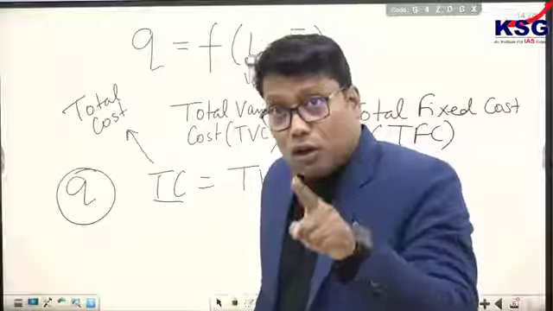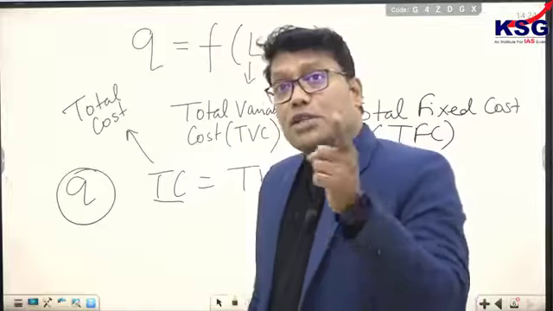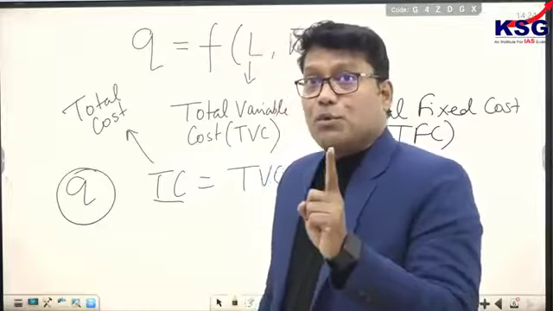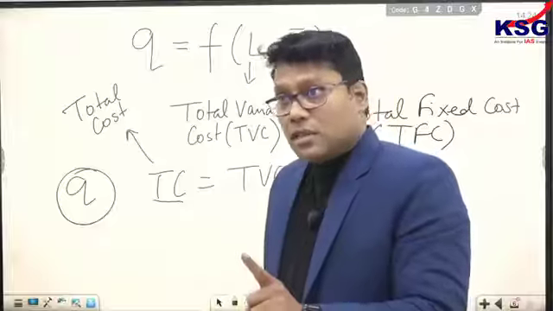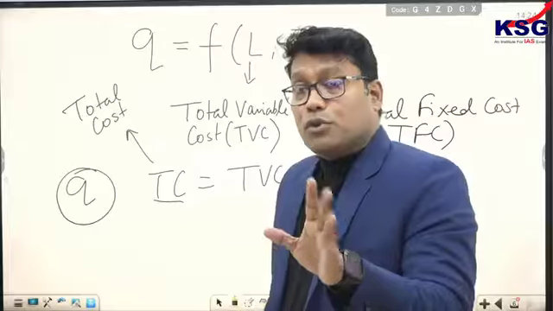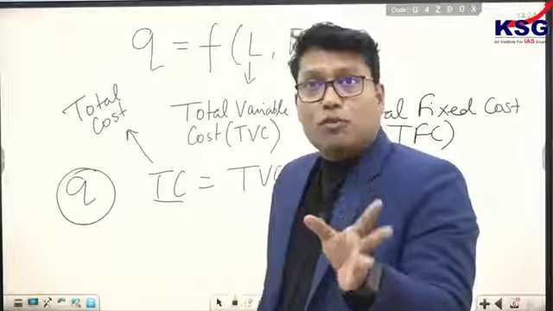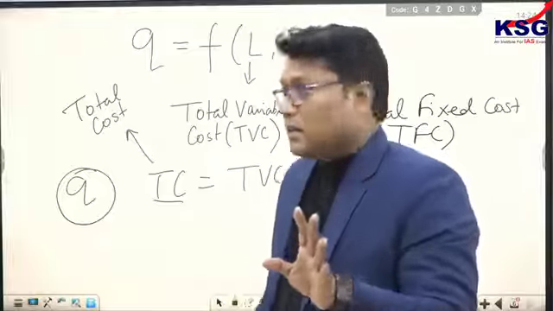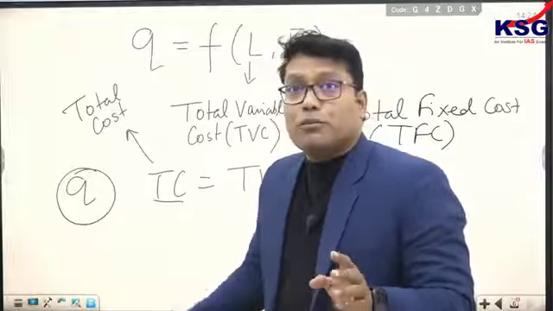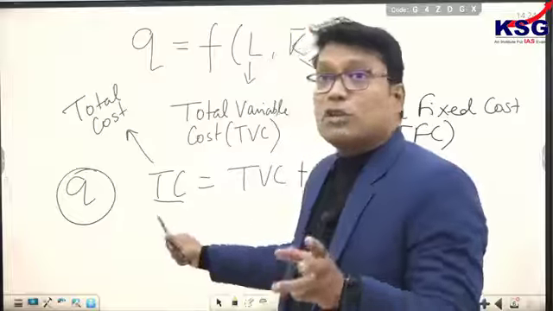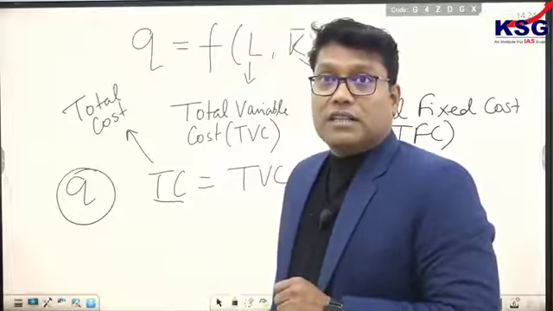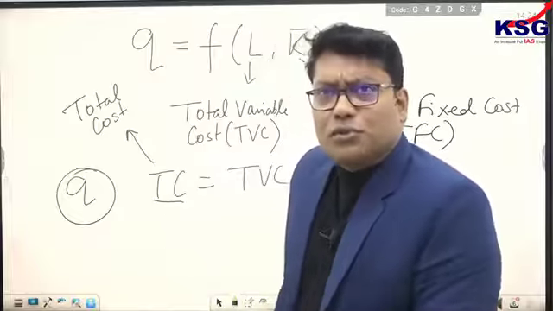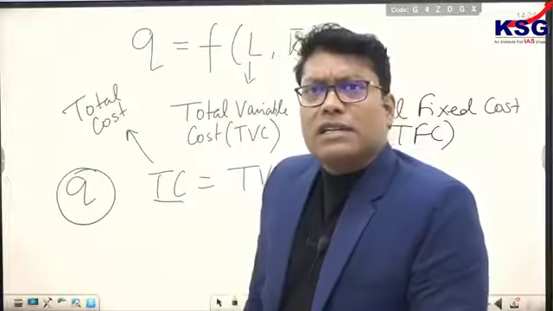Q represents quantity of output, also units. So if Q amount of output you produced and TC amount of cost you incurred, just go back to class 2-3 maths, we already did it.